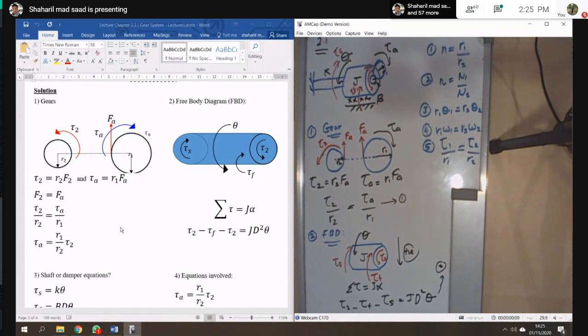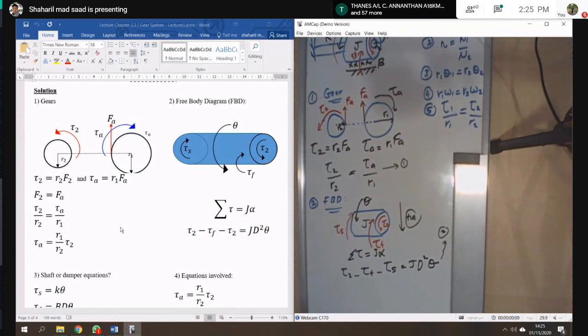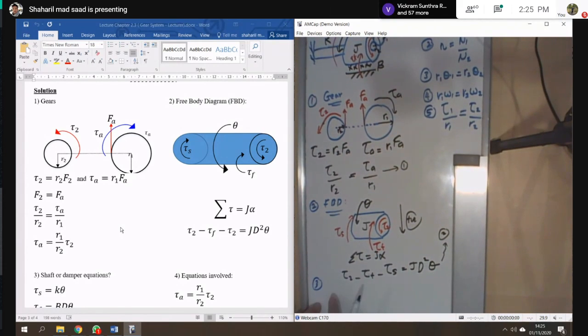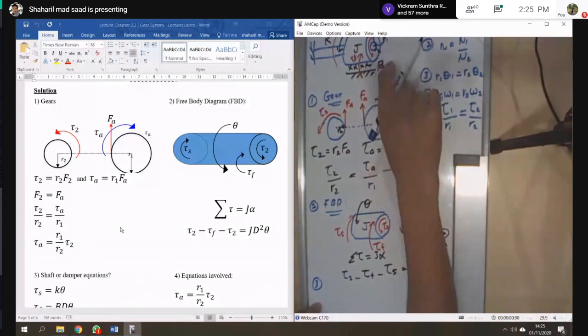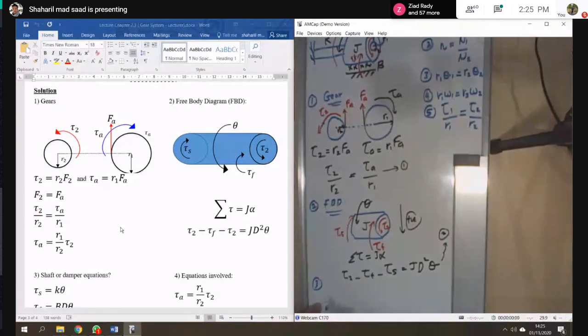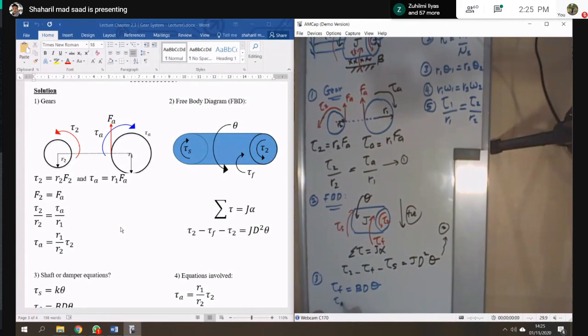Okay, done. And then the other components. Look at the friction: you have TF equals B d theta. And then you have the shaft torque TS. This one has one end free and one end rigid, so you will have K theta.